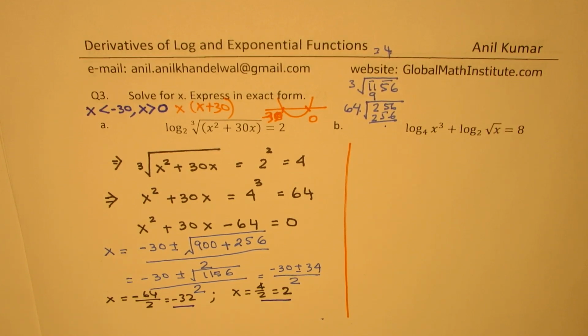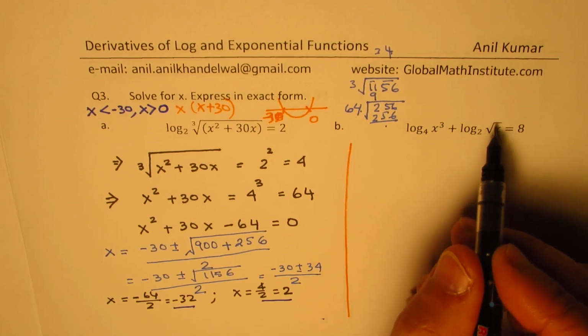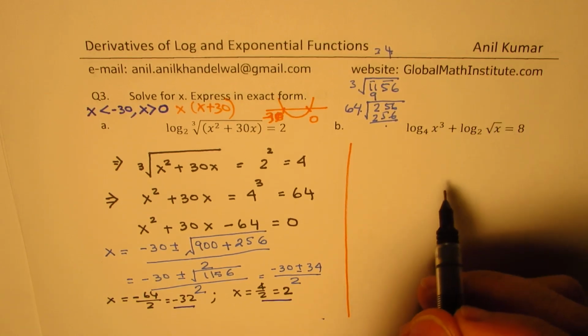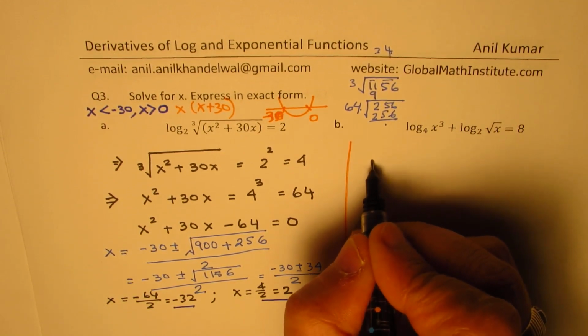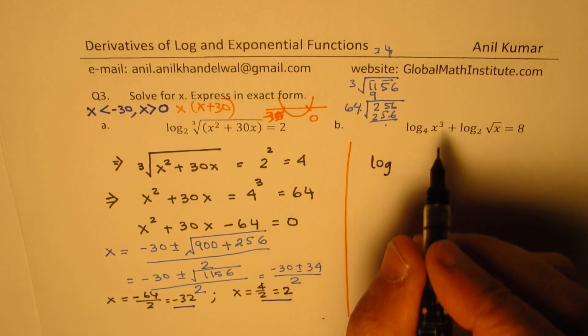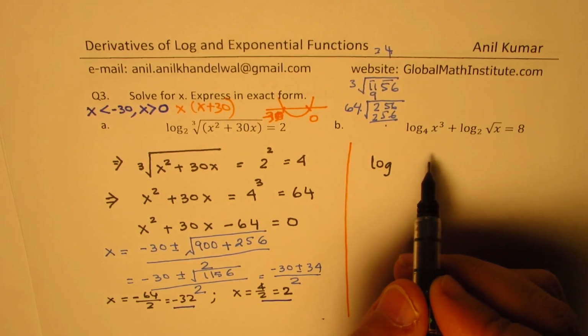Now, let's take the next question, which is log to the base 4 of x cubed plus log to the base 2 of x square root of x is equal to 8. We'll apply the properties of logarithms. First, let us change the base to 2.